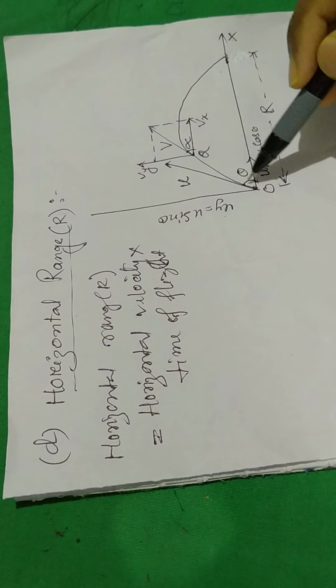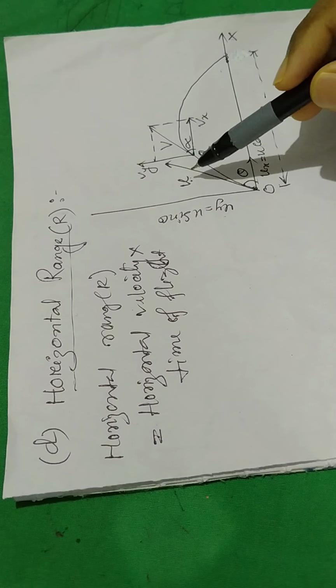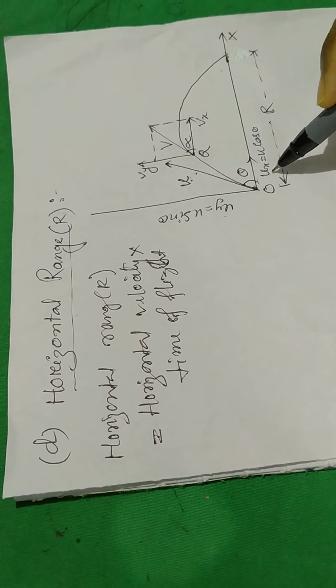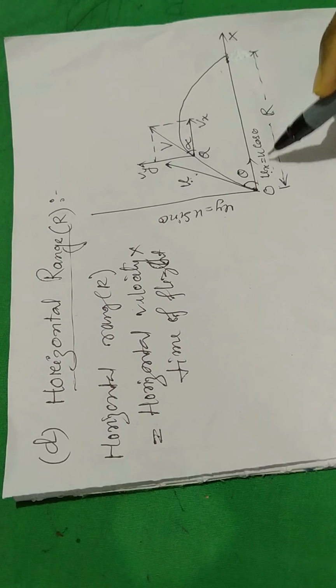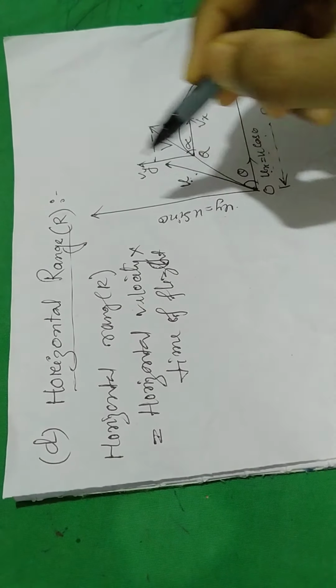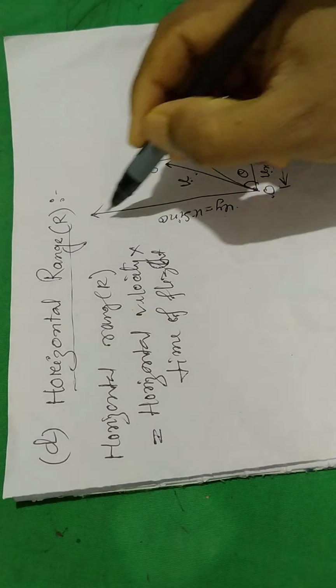You see the diagram. U is the initial velocity of the projectile. The initial velocity U resolves into two components. One is ux, along the horizontal direction, where ux equals u cos theta. Another is along the vertical direction, uy equals u sin theta. So this is x, this is y.